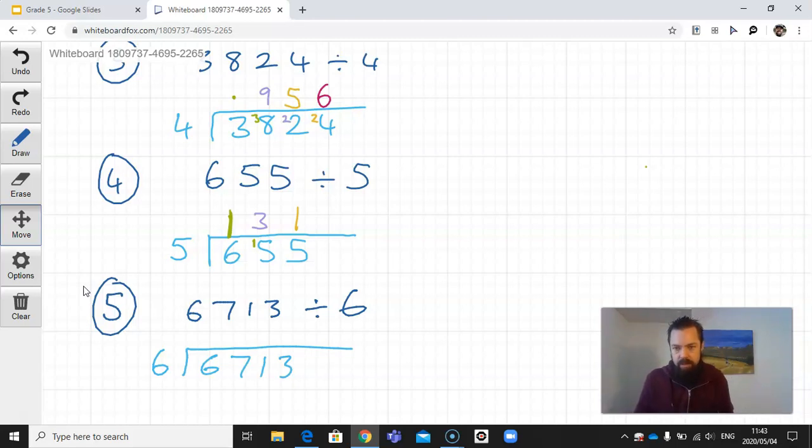Six goes into 6 once, nothing left over, nothing for the neighbor. 6 goes into 7 once, with 1 left over for the neighbor.